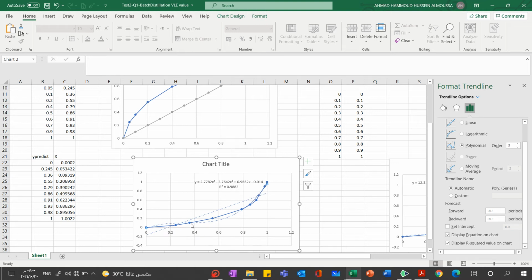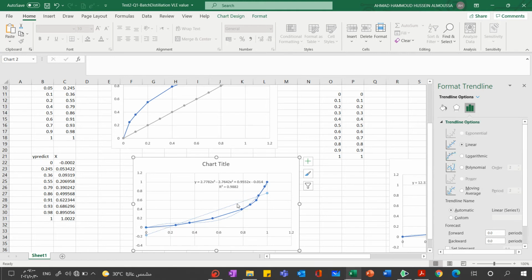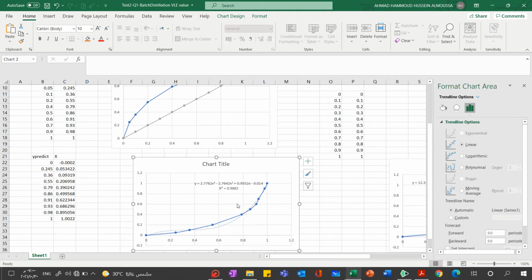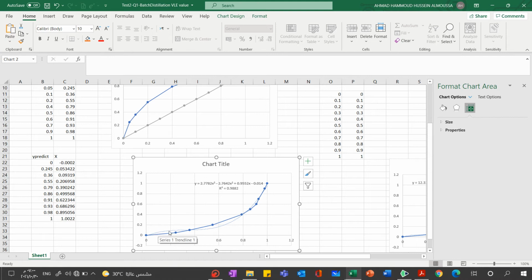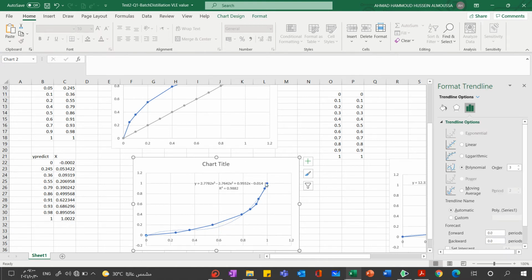First of all, let me delete the previous one. You will see this line, the fit line or the trend line from Excel. You must see it at least like this line. So we add another order, also another one.